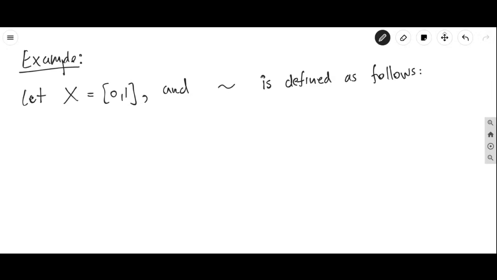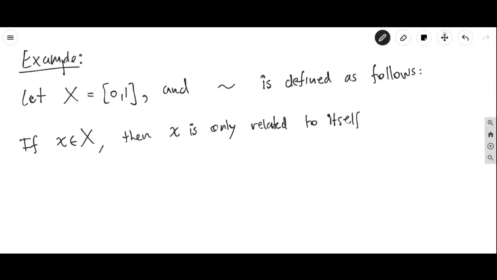If x is a point in this interval, somewhere inside the interval, then x is only related to itself.